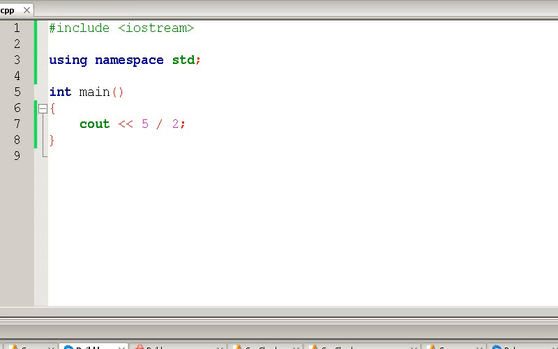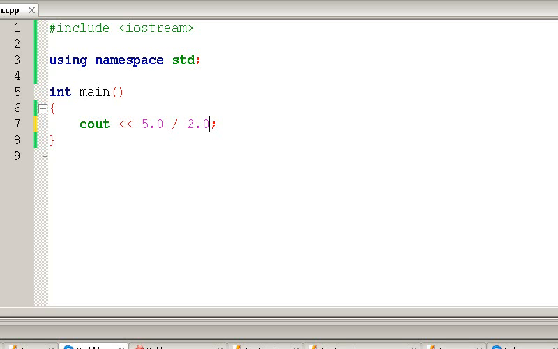You just put .0 like this on at least one of them, or on both of them if you like. So now it's 5.0 divided by 2.0. Technically this is the same exact thing, but by putting a .0 at the end of these numbers, I let C++ know that I want this 5 to be treated as a decimal fraction, and I want this 2 to be treated as a decimal fraction.